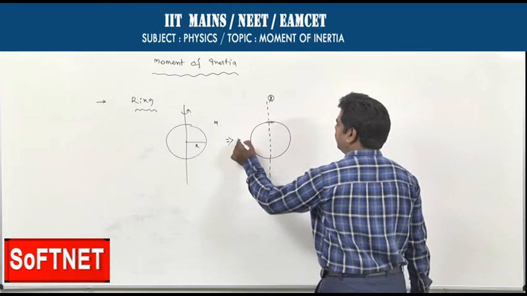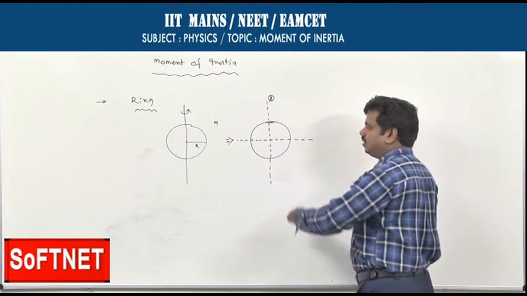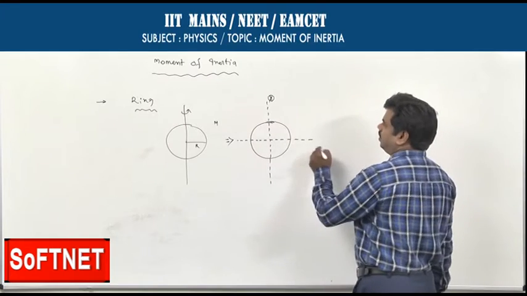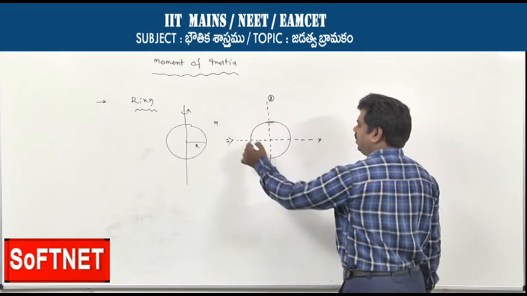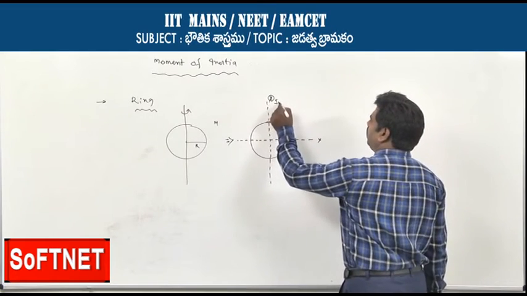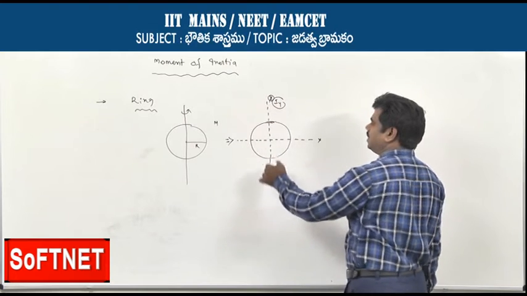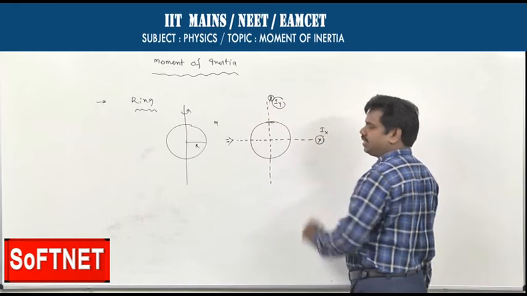Let me choose one more axis, perpendicular, in the plane of this ring, say that is the x axis. And of course, as this is a diameter, this is also a diameter. That means whatever moment of inertia you get about this axis, the same moment of inertia you will get about this axis also.